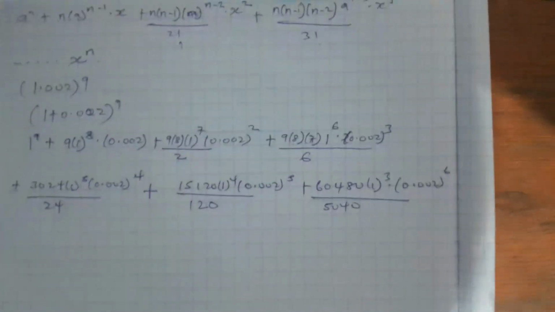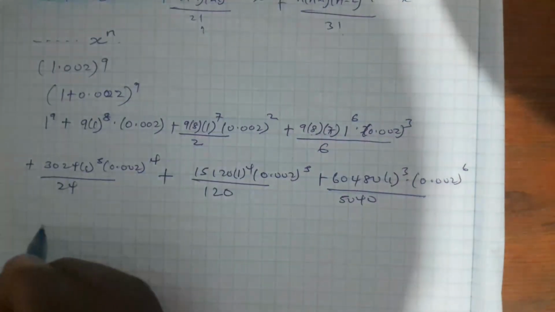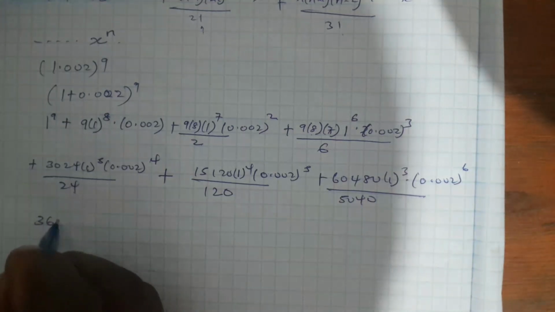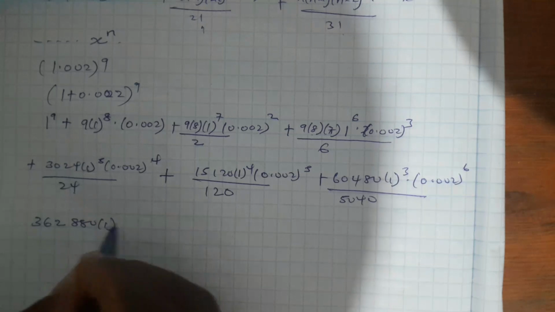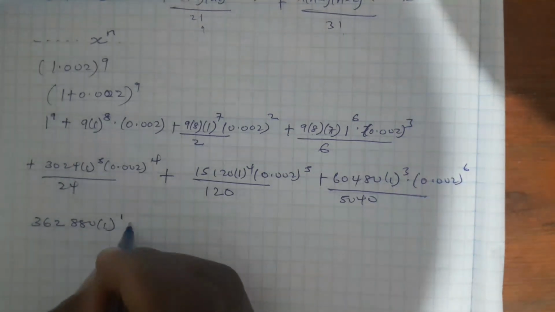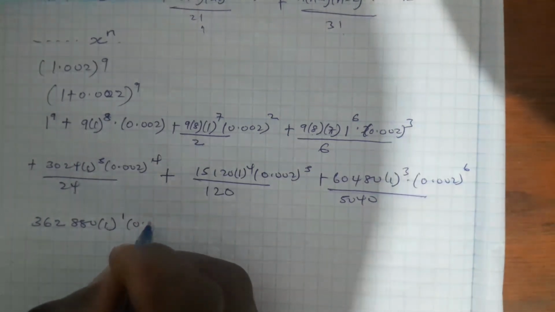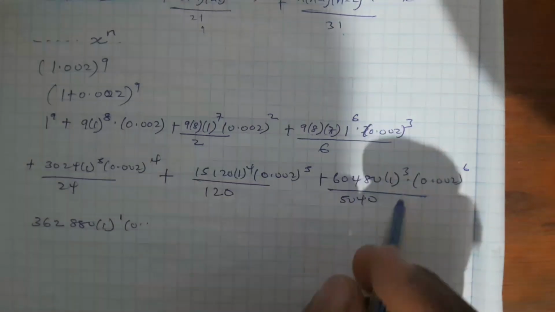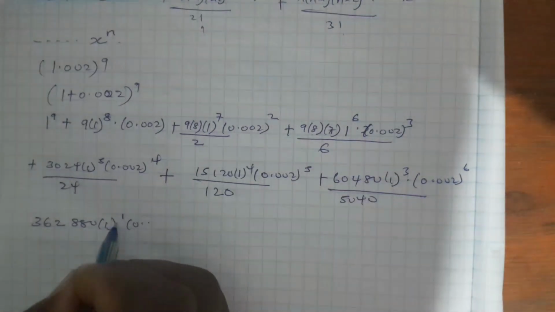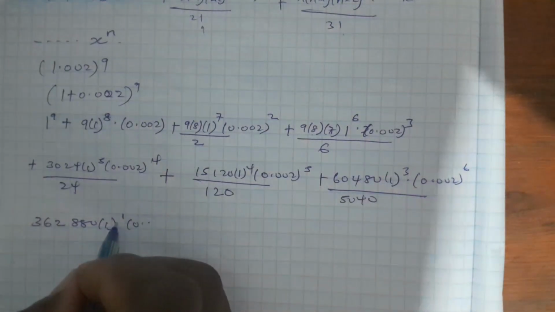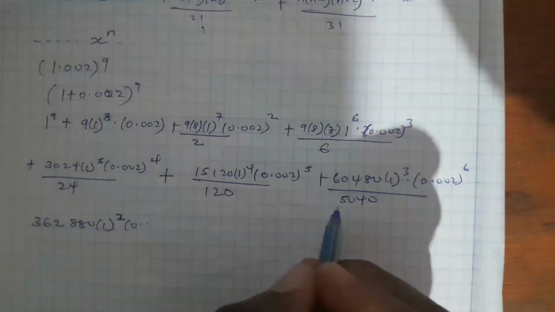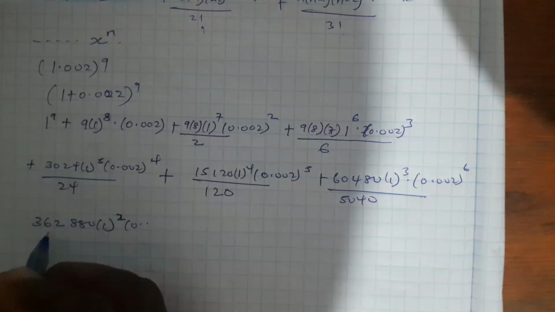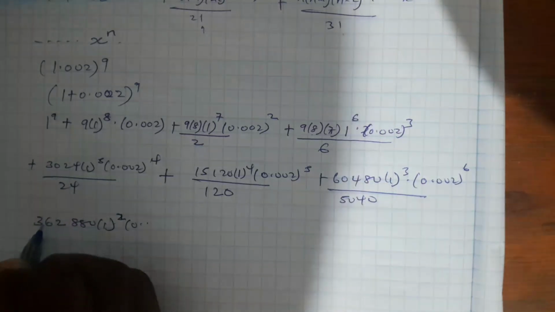You proceed, and then you have the next term, 181,440 times 1 raised to power 2, times 0.002 raised to power 7, over 5,040.